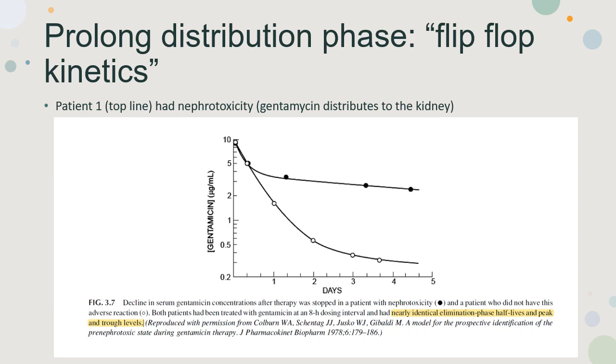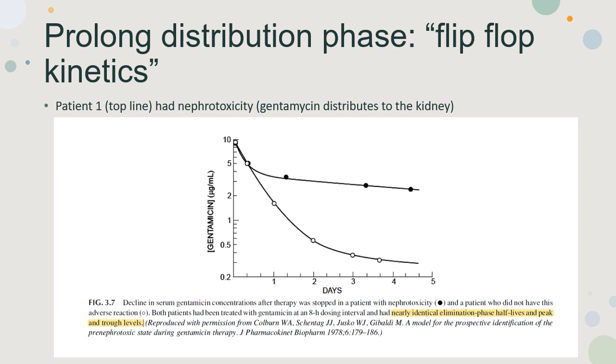Because of that, it no longer distributed. There was no kidney for it to distribute to, because of impaired blood flow and things like that. So the distribution phase in the top patient was basically only like a day.